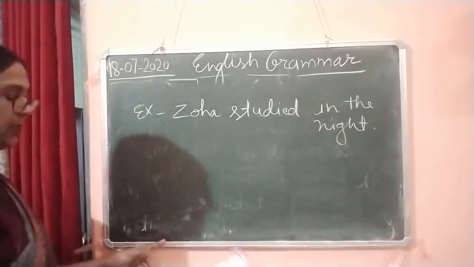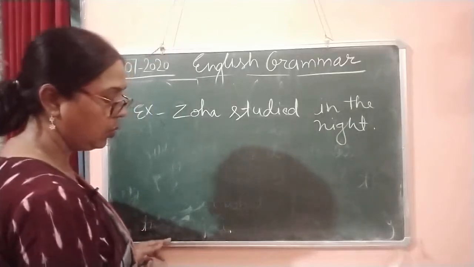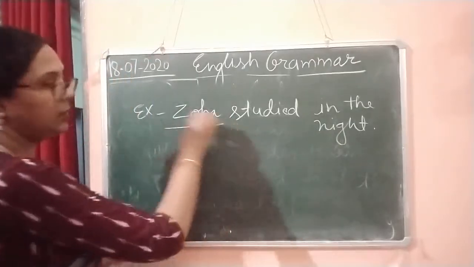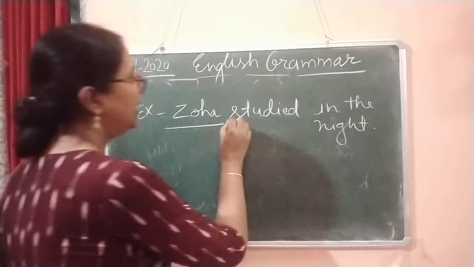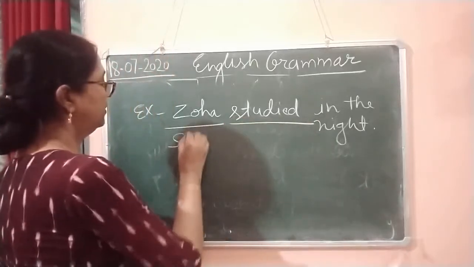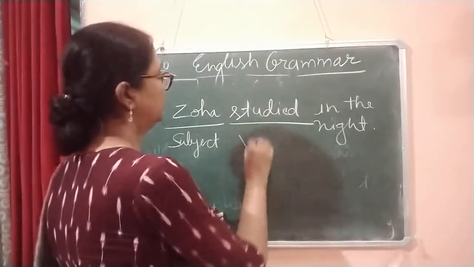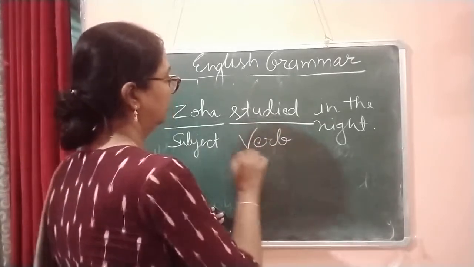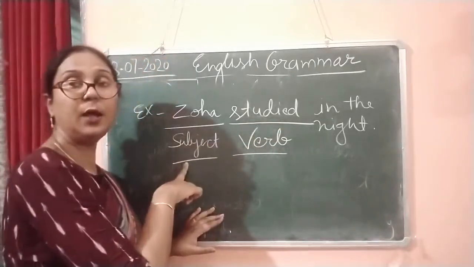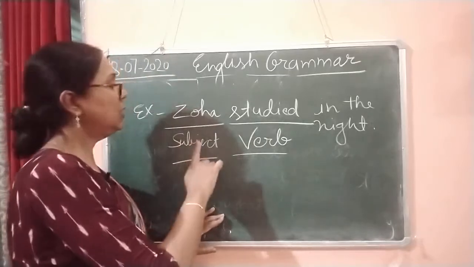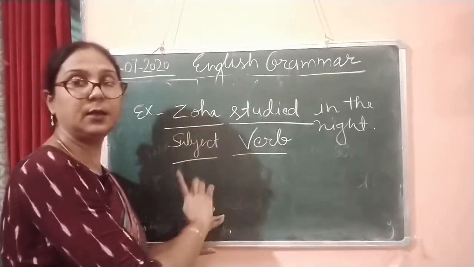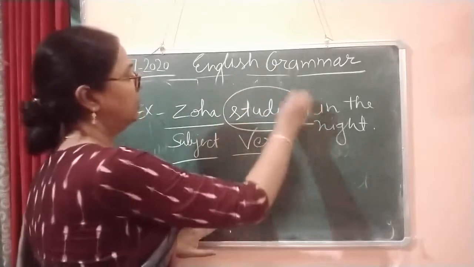Here you can see Zoha is a subject, studied is the verb. What is Zoha doing? She is studying. Now here this is the verb.